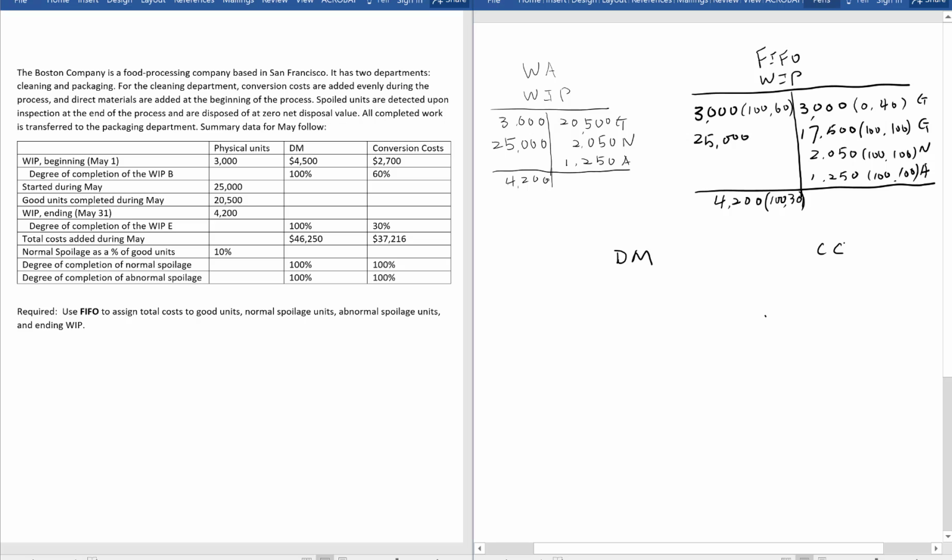To determine the FIFO equivalent units for each input, we need units from the work in process credit side, that is good, normal, and abnormal, and their percentages, and ending work in process units with the completion percentages 100% and 30%.